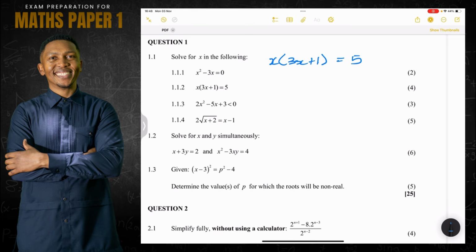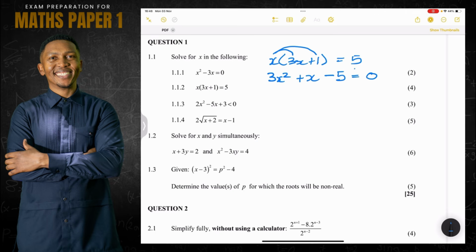And the reason for that is that we've got a 5 on the other side, right? So we're going to have 3x squared, x times 3x, using our distributive law, which is 3x squared, and x multiplied by 1, which will give us x. Right, and we're going to bring over the 5 to the other side. It becomes minus 5, and this is equal to 0.